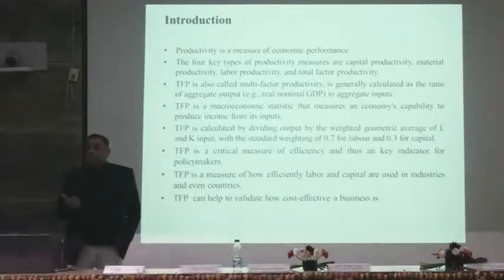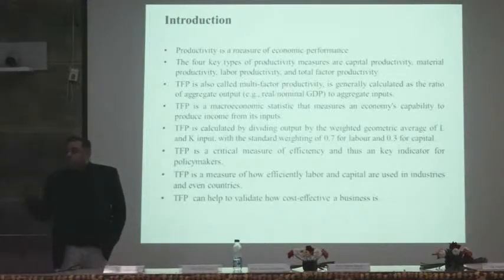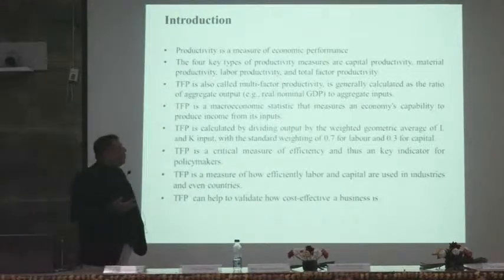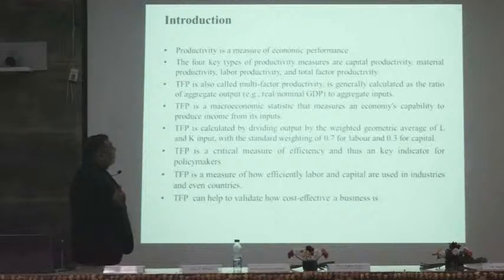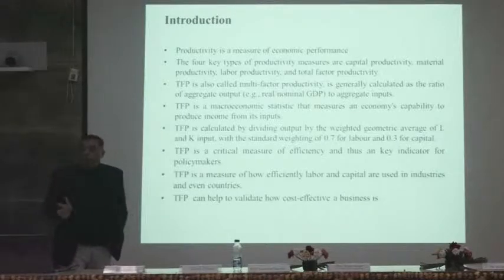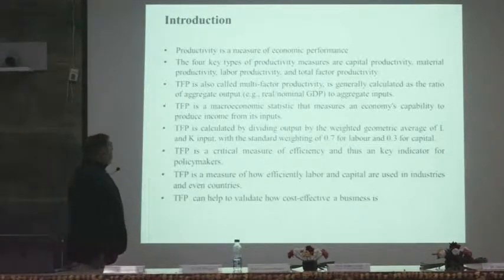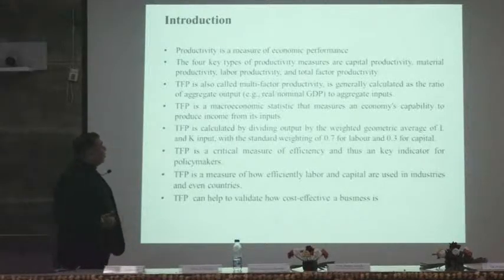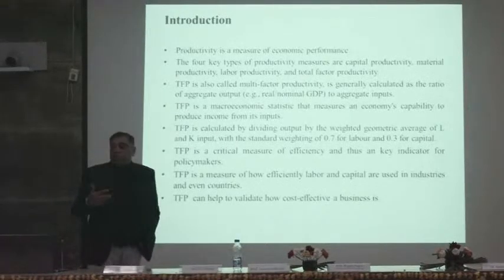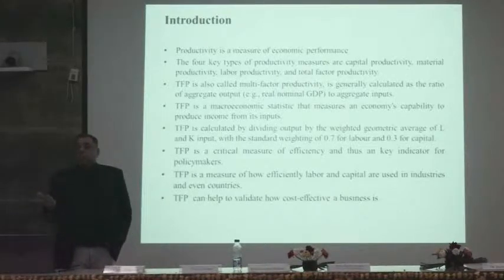We can calculate productivity by taking different formulas. We can calculate capital productivity, material productivity, and labor productivity when you are taking labor only and other things remain constant. And then we go to factor productivity by taking all the factor inputs. Sometimes it is also known as multi-factor productivity, as it is generally calculated as the ratio of aggregate output to aggregate inputs.